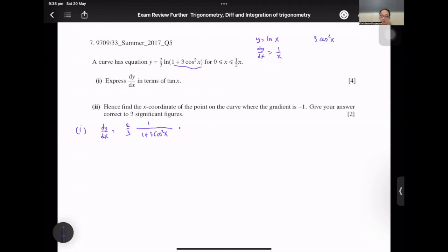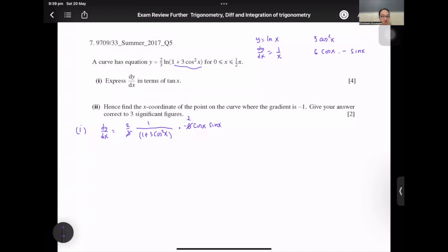It becomes 6 cos x times the derivative of cos x, which is negative sin x. So it's negative 6 cos x sin x. We can simplify. This is negative 2.